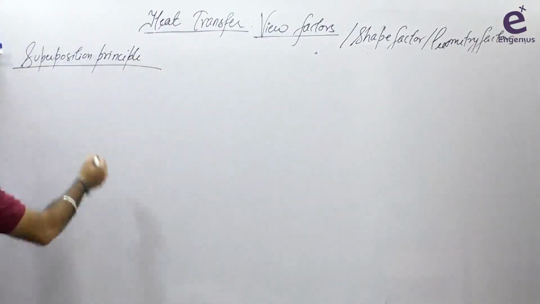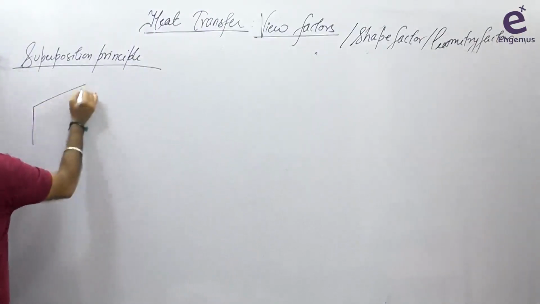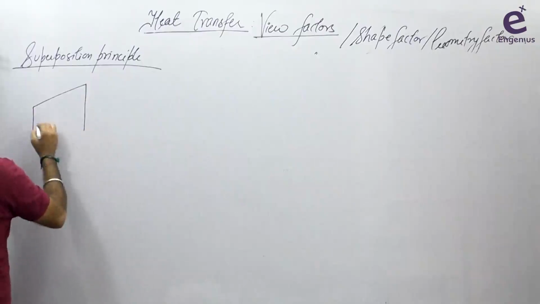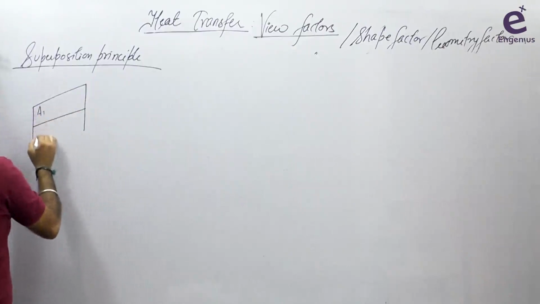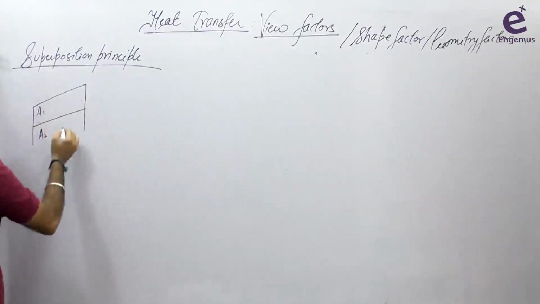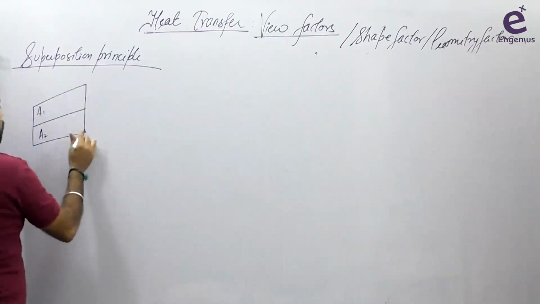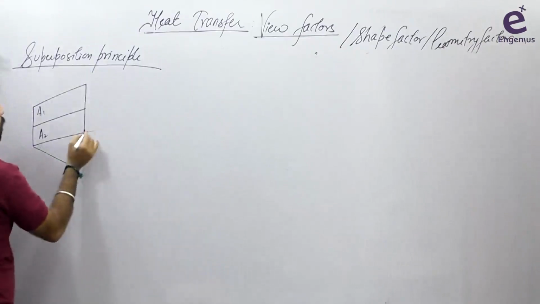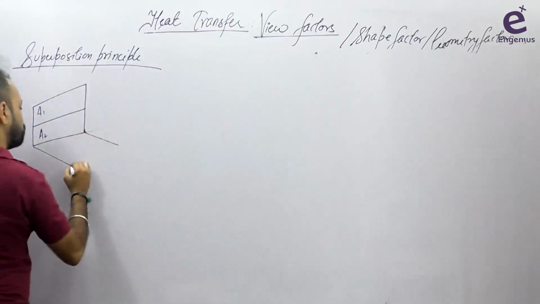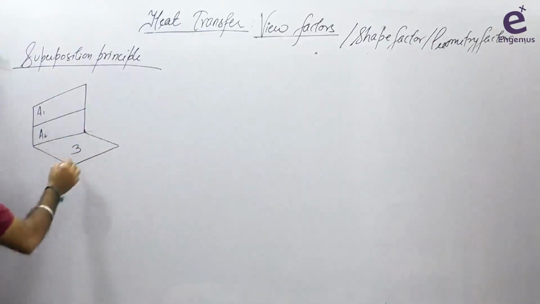So in this case, suppose I have a wall, and it is made up of, this is area A1, this is area A2, this is surface 1, this is surface 2, and then I have, you might have seen this kind of diagram in many standard books, okay, and this is surface 3, right, having area A3, okay.